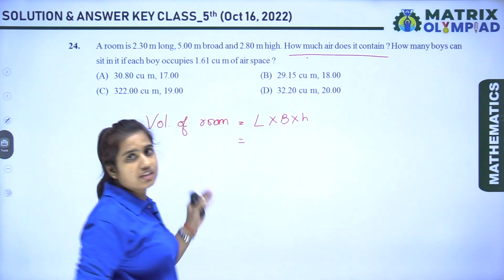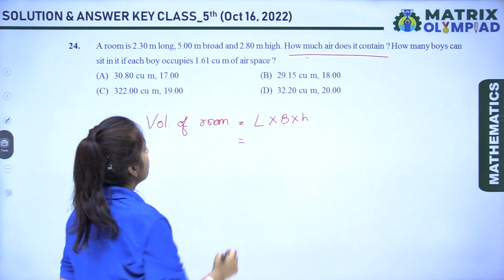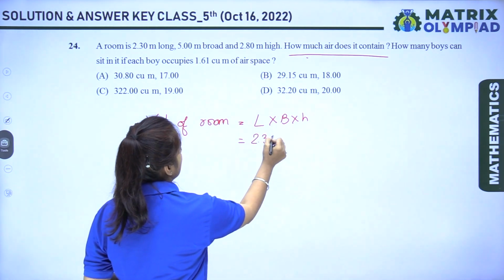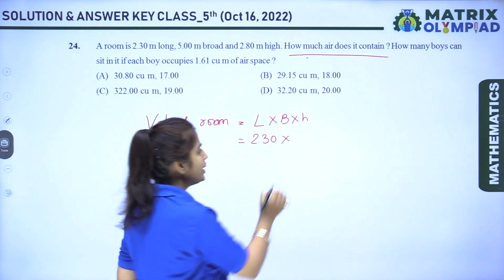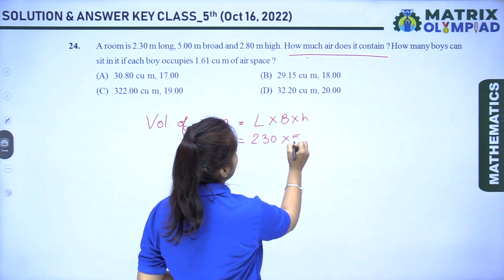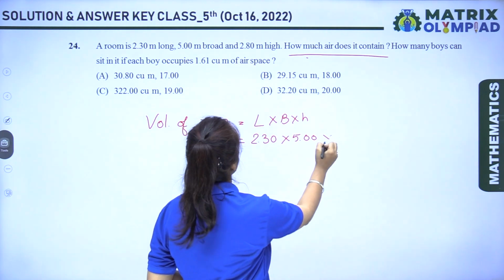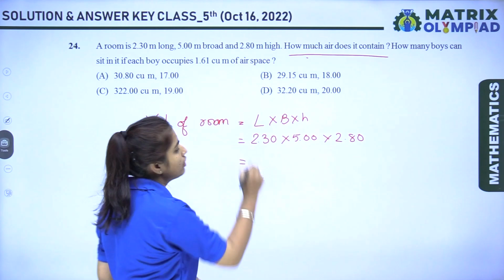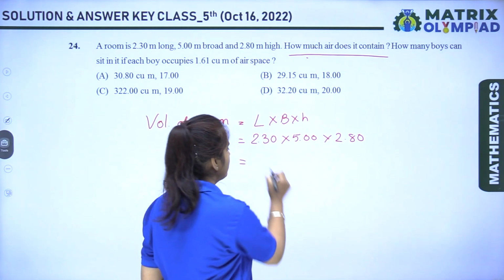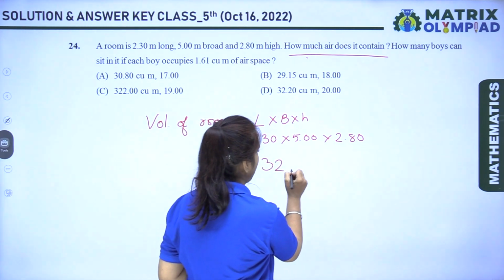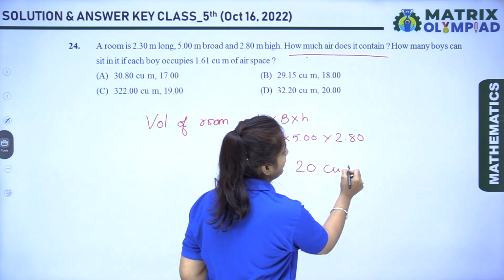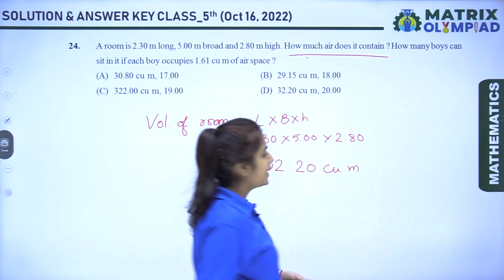Here we are given the length, breadth and height. So the volume of the room is 2.30 multiplied by 5.00 multiplied by 2.80. After calculation we get 32.20 cubic meter.